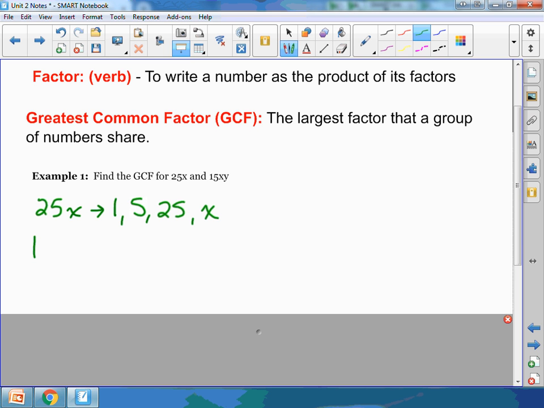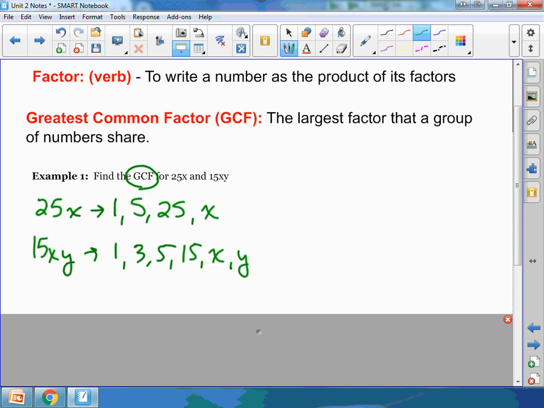Likewise, we're going to go 15xy. All right, call them out. What do you got? 1. X and y. We'll list them as two separates. Good. So now that we've listed all of the possible factors, our goal here is to find the greatest common factor.